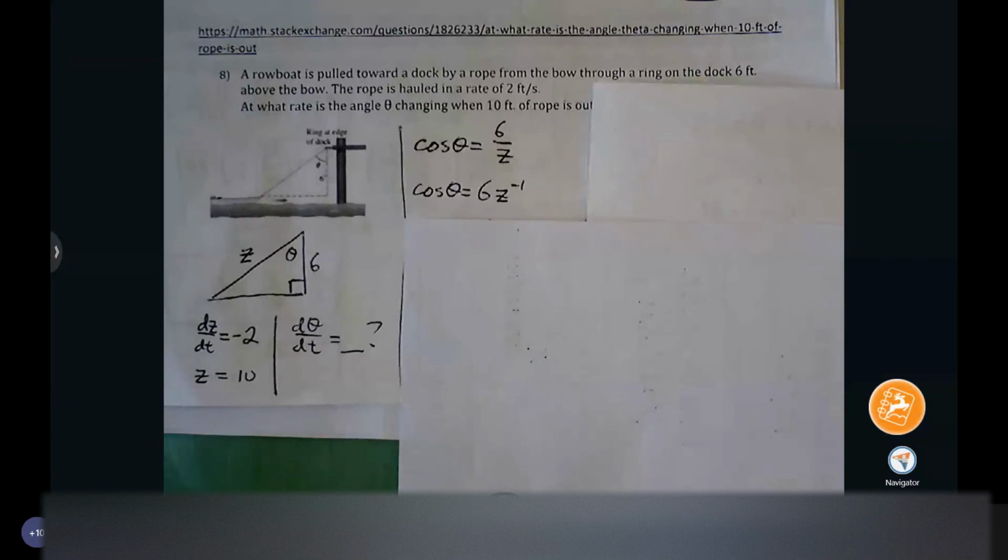On the right side, I'm going to bring that z up, make it a power rule problem rather than a quotient rule problem. Cosine's derivative is negative sine.